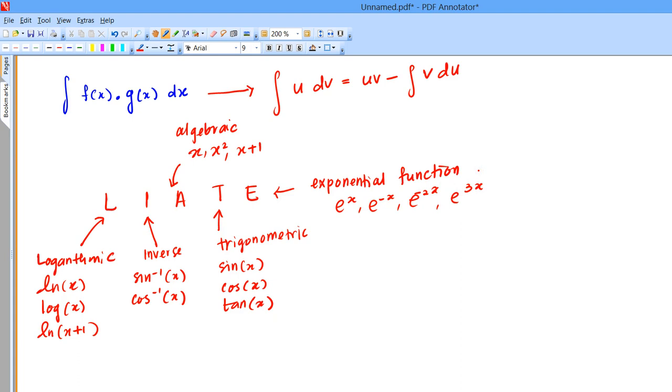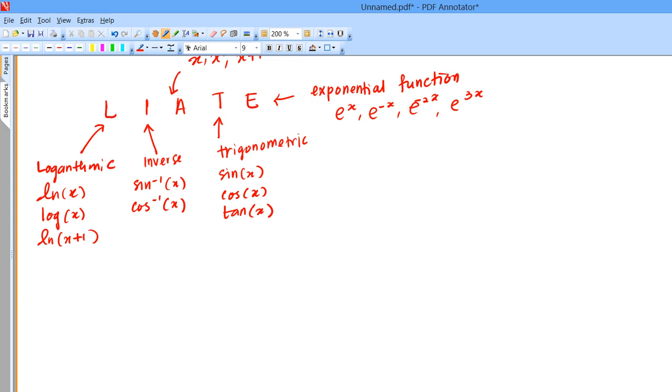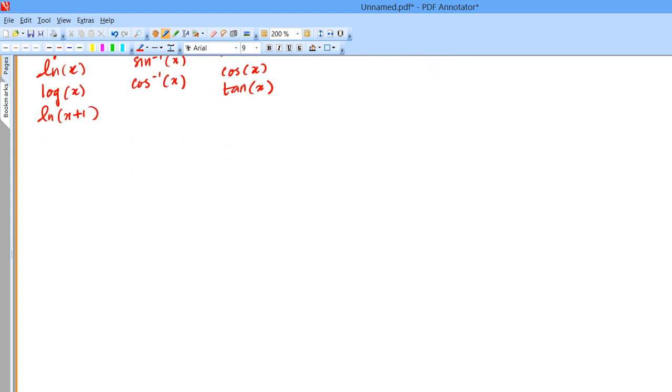So the letter that comes first we will let as u, and the rest we will let as dv. Let's see the example. Number 1, integrate x times e power of x dx.